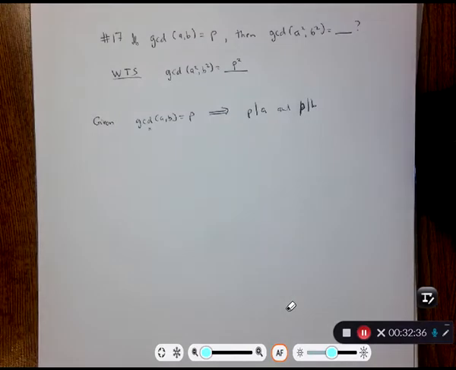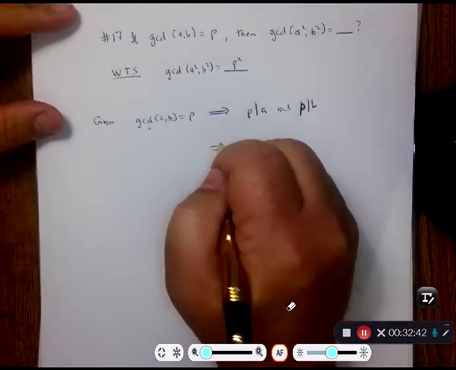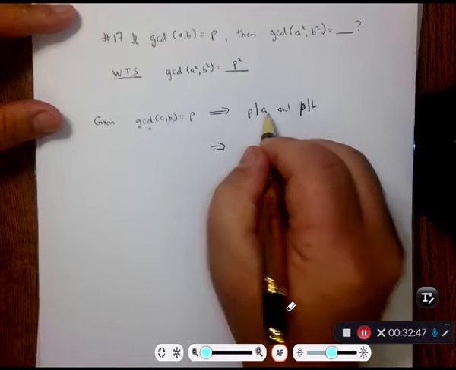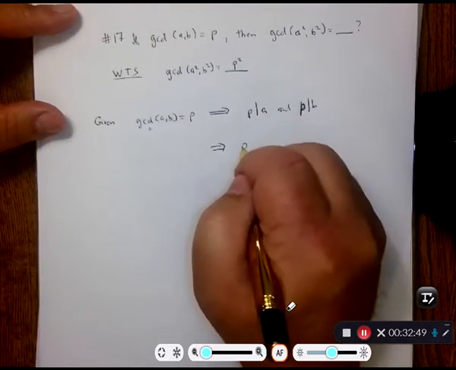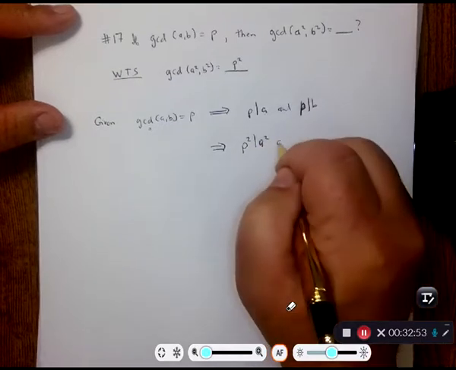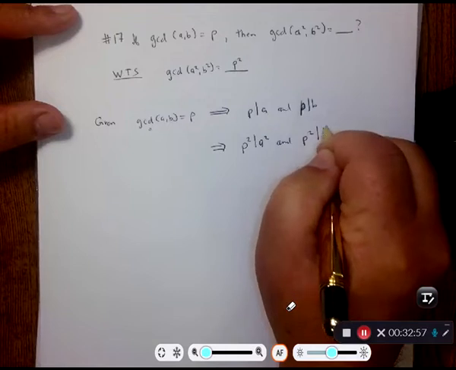So what does that mean? Well, that implies, if P divides A and P divides B, that P squared would divide A squared, and P squared would divide B squared.